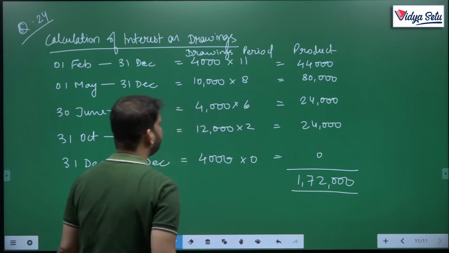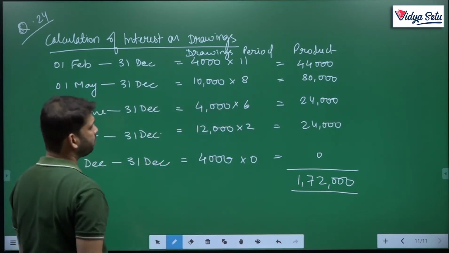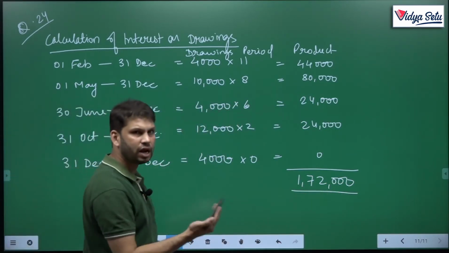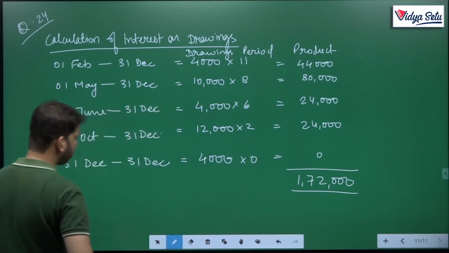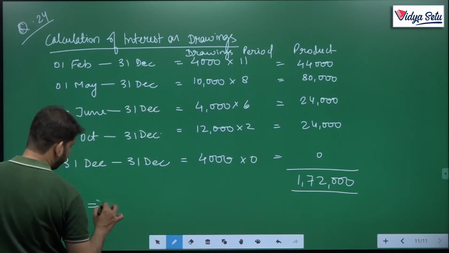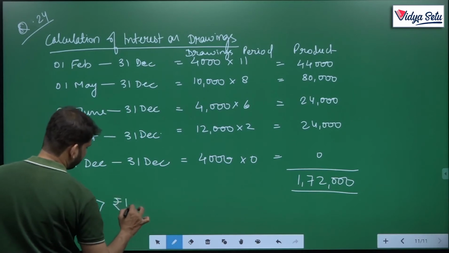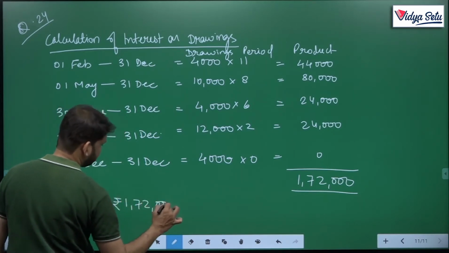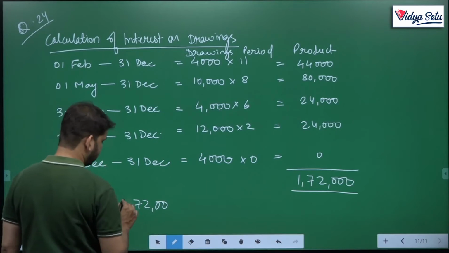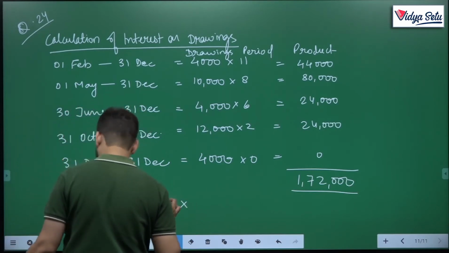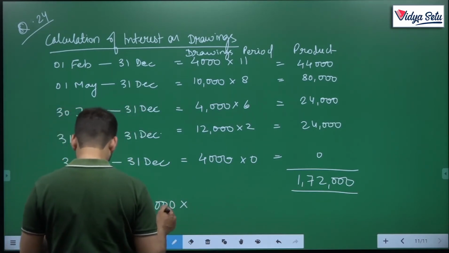The product total comes to rupees 1,72,000. Now, because we have already multiplied, what is remaining? We have not put the rate, we had not divided by 12. So, we will do it now. Rupees 1,72,000, multiply by the rate of interest which has been given as 7.5%.